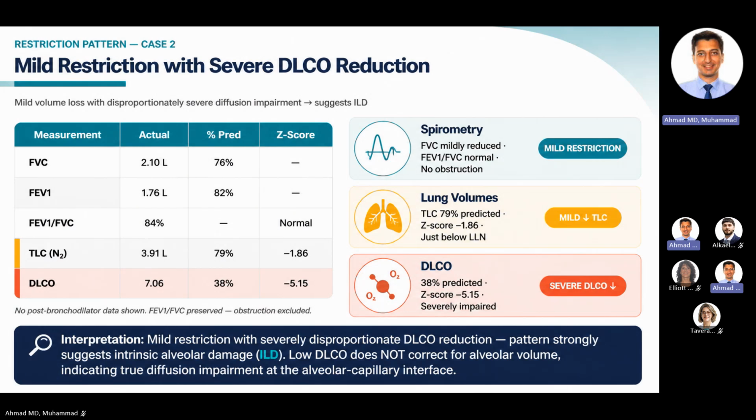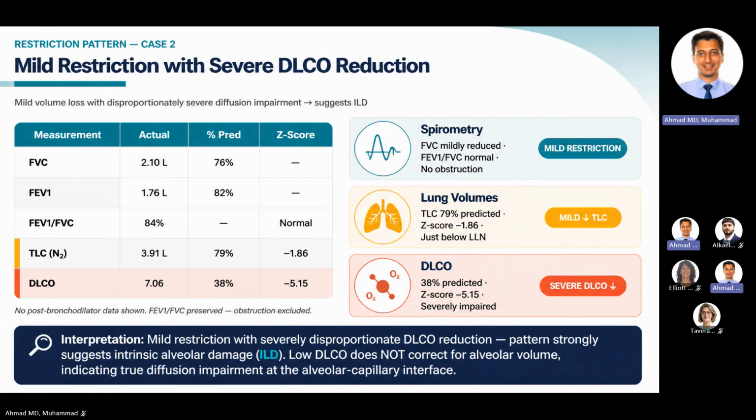Example 2, look at the ratio of FEV1 FVC, which is normal. You look at their FEV1, which is normal, and the FVC, which shows very mild restriction. Their total lung capacity is 3.91 liters, which shows mild restriction with a z-score of minus 1.86, and a diffusion capacity of minus 5.15, which shows severe reduction in your diffusion capacity.